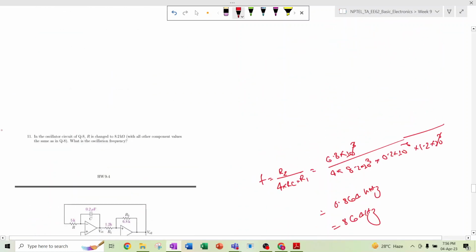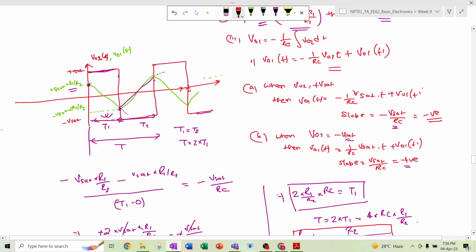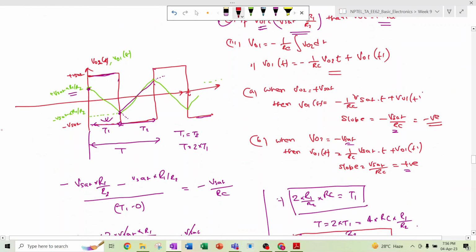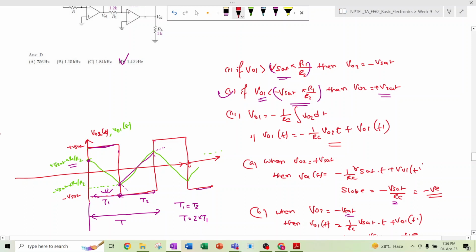You can also see this using the diagram. If the Vsat is reduced, that means the scale will only reduce, right? It will be plus Vsat, and this point will be minus Vsat, which will get reduced, right?